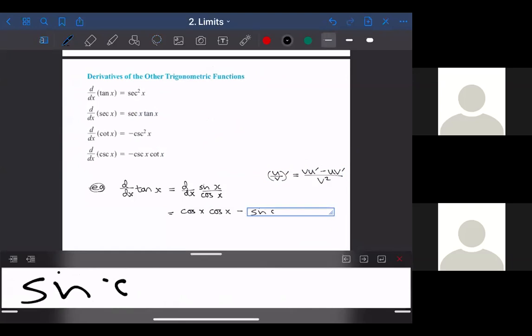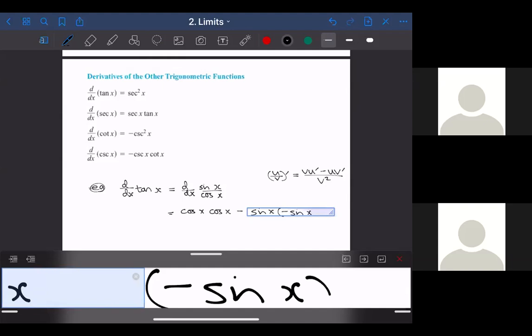minus sine x times the derivative of cos x. And remember, the derivative of cos x has this minus sign in it. So then we have minus sine x.